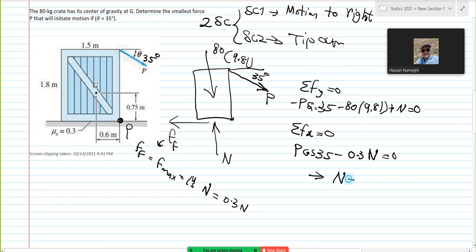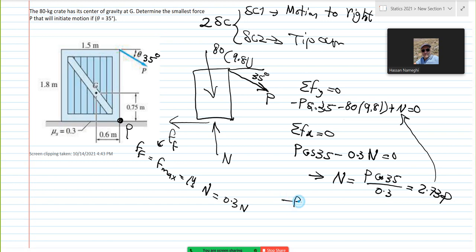So I'm going to say N is equal to P cosine 35 divided by 0.3. The answer for this, cosine of 35 divided by 0.3, is 2.73. So 2.73 P. I'm going to bring this to this equation and solve for P. So I have minus P sine 35 minus AD into 9.81 plus 2.73P equal to 0.